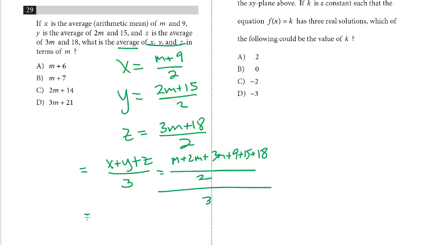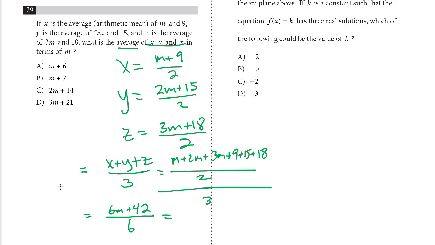So really that becomes, combining like terms, 6m plus 9 and 15 is 24 plus 18 is 42. And that's 42 divided by 2 divided by 3, which is divided by 6.